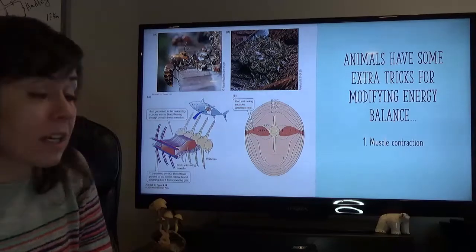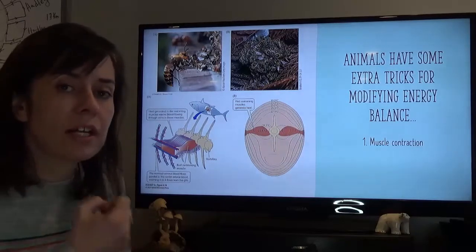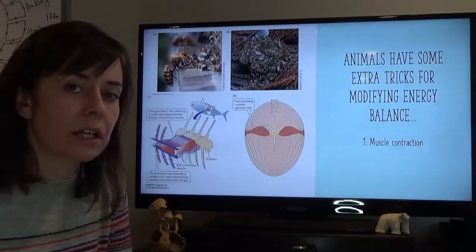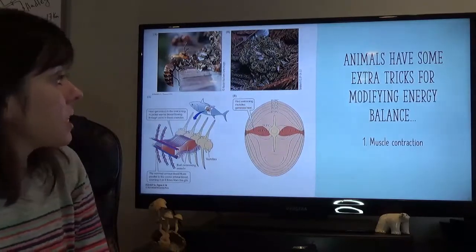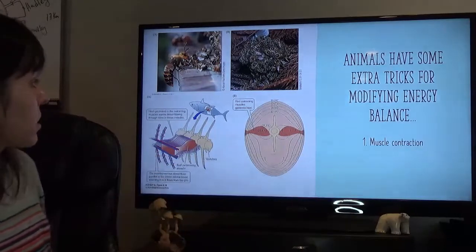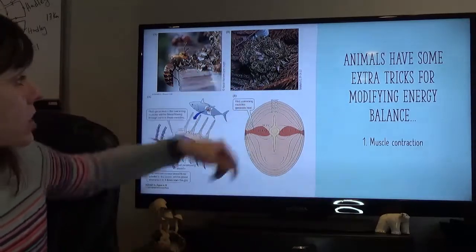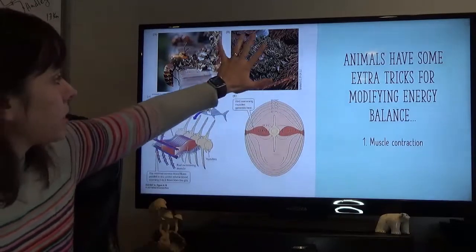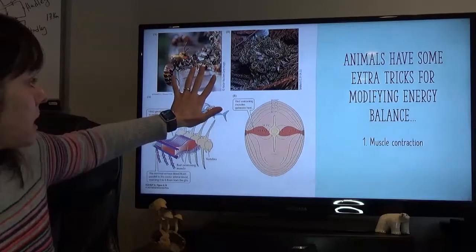But unlike plants that are stationary and have limited ways of modifying their thermal conditions, animals have some extra tricks for modifying energy balance, and one of these is muscle contraction. They gave a couple of examples in your text, and these are pretty neat examples. One is the example of these honeybees.